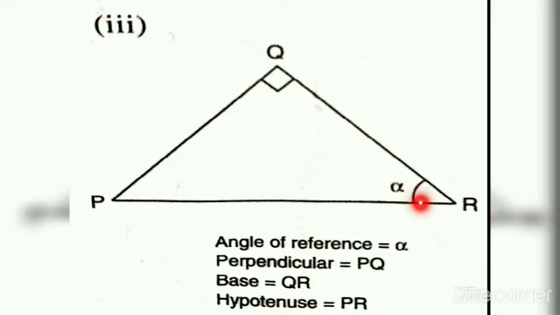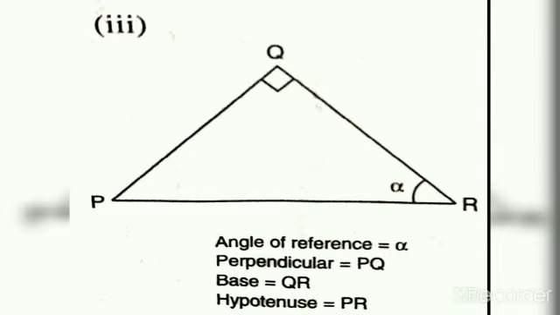You know that opposite to the acute angle will be the perpendicular, and opposite to the right angle will be the hypotenuse. The other side, adjacent to the acute angle, will be the base. Can you tell me what is the perpendicular, hypotenuse and base? Here the perpendicular will be PQ, the base is QR, and the hypotenuse is PR, which is opposite to the right angle.